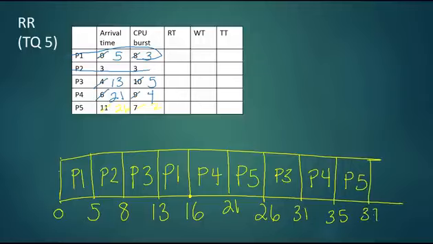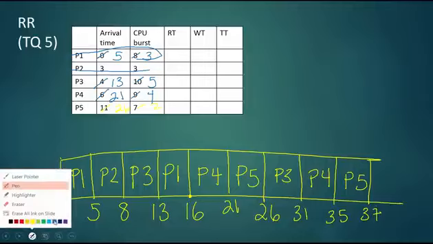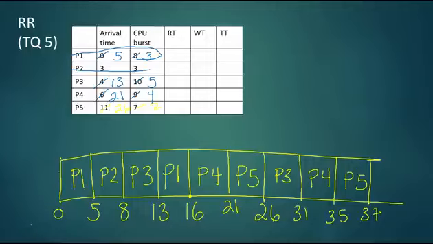So the total time it took to complete these processes was 37 time units. Since we have 100% CPU utilization, if you add up all the CPU bursts, that should equal 37, which I checked and it does.